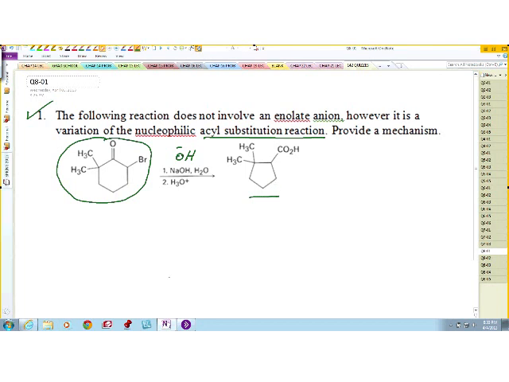Okay, so let's do this together. What do you think is the first thing that happens? Of course, they told you no enolate ion. So what will be the first thing that will happen? The hydroxide will attack the carbonyl. Okay, very good.